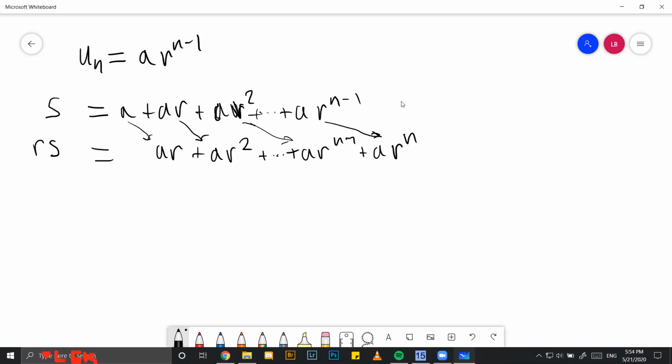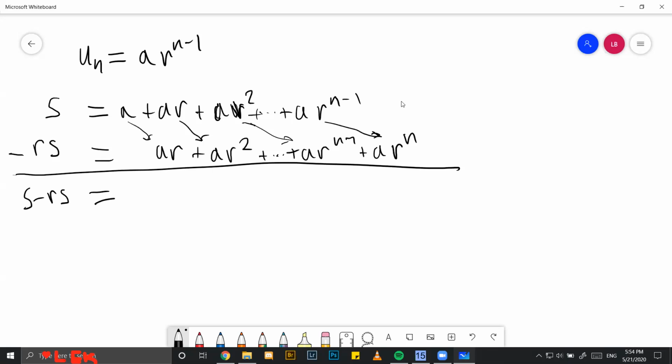Now I'm going to do another little trickery. I'm going to take away the second sequence from the first one. I'm going to make it S minus RS. Now the a over here has nothing to take it away from, so I'm just going to say there's a 0 over here, and a plus 0 over here as well. So a minus 0 is just going to be a.